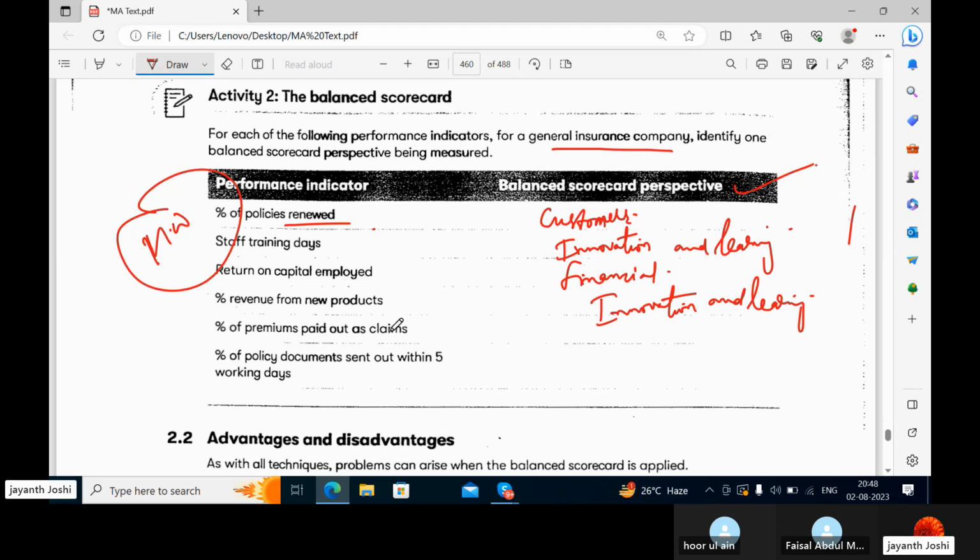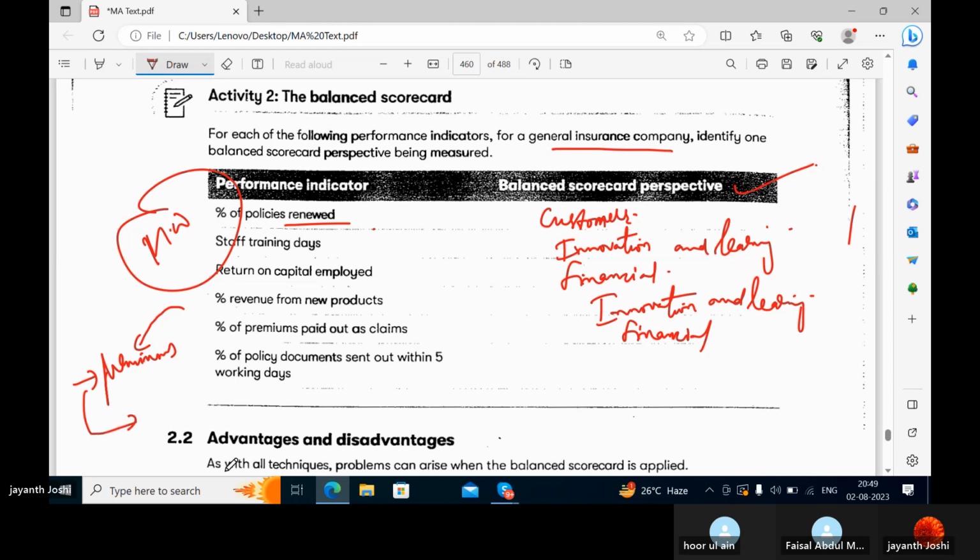Now, percentage of premiums paid out as claims. So here money is involved or not? See, the insurance company will receive premiums from customers, and from that they will be paying the money for claims.